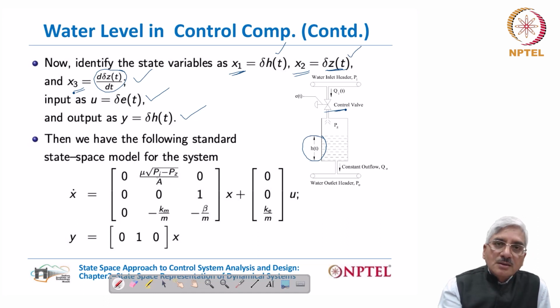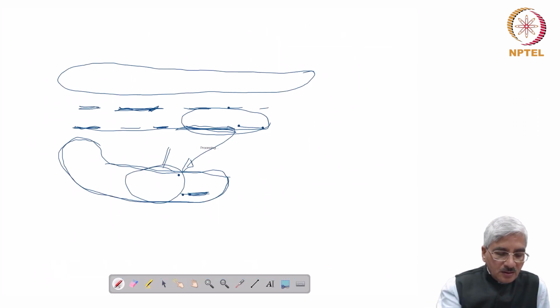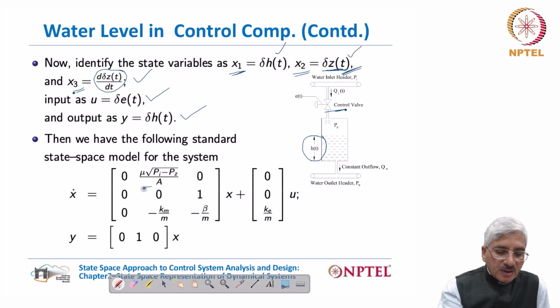So x1 dot is not dependent on x1, not dependent on x3, it is dependent on x2, which is the delta Z, the valve position. Here, it is depending on the valve position. So this coefficient we have put in the first row, second column because of that.